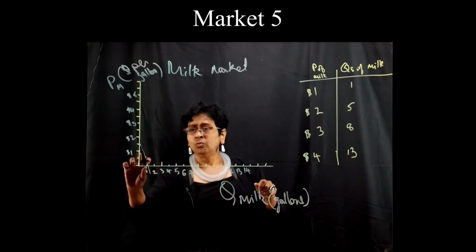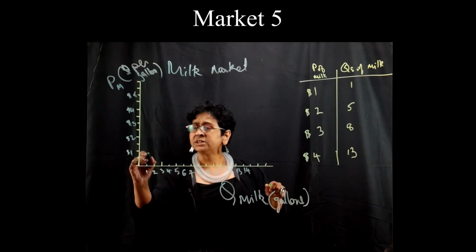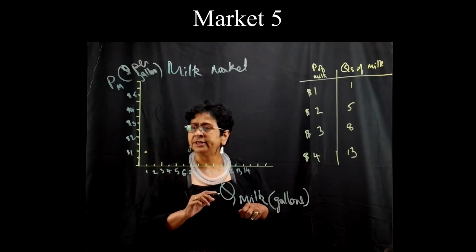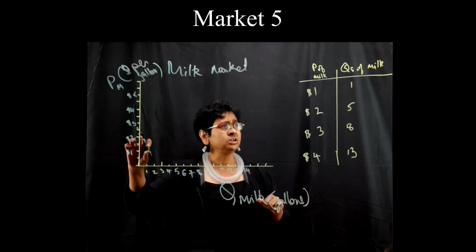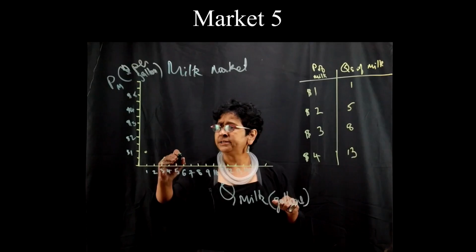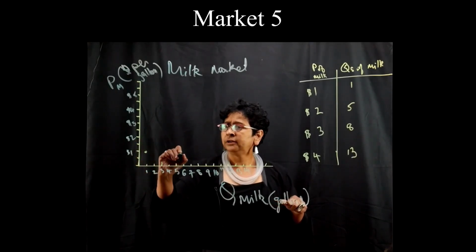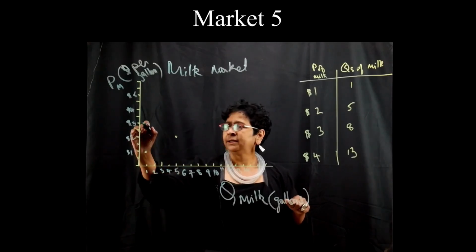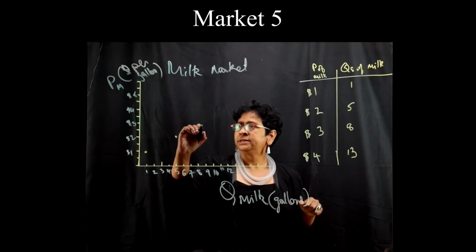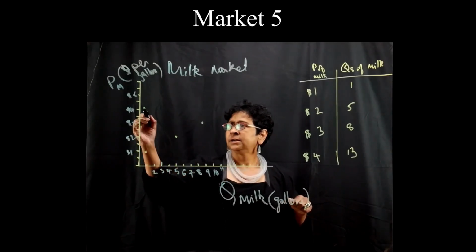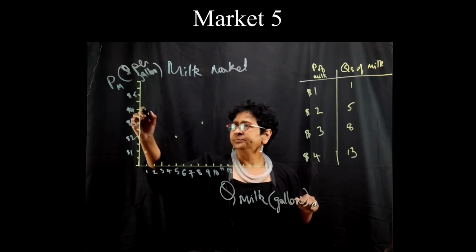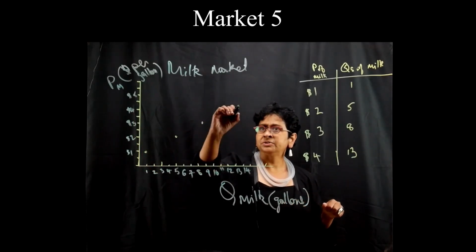So at $1 per gallon, the quantity supplied of milk is 1 over there. At $2 per gallon, the quantity supplied is 5 over here. At $3 per gallon, the quantity supplied was 8. At $4 per gallon, the quantity supplied was 13.